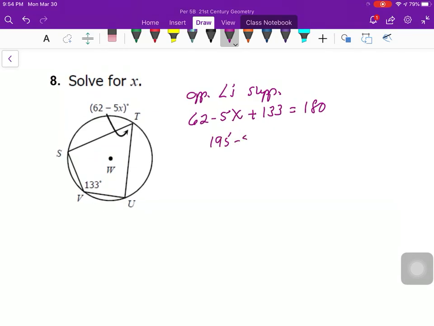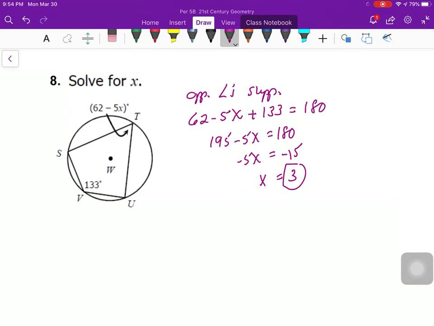The 62 plus the 133, so I have 195 minus 5x equals 180. I subtract 195. I get negative 5x equals negative 15. So x would be 3.